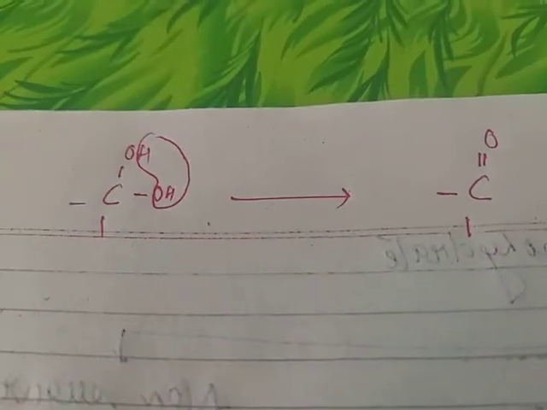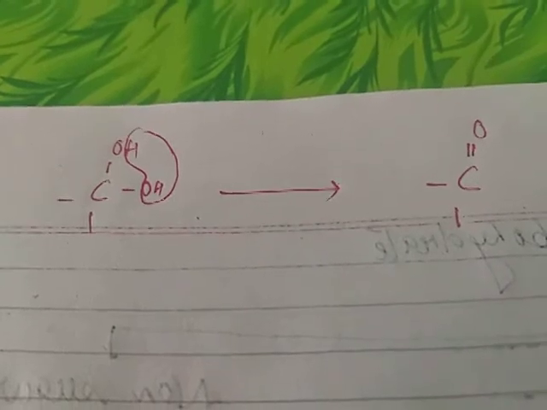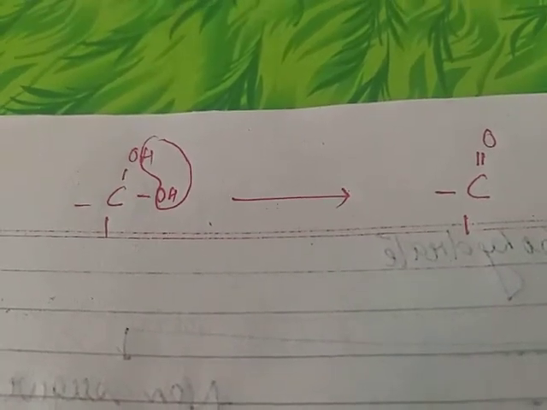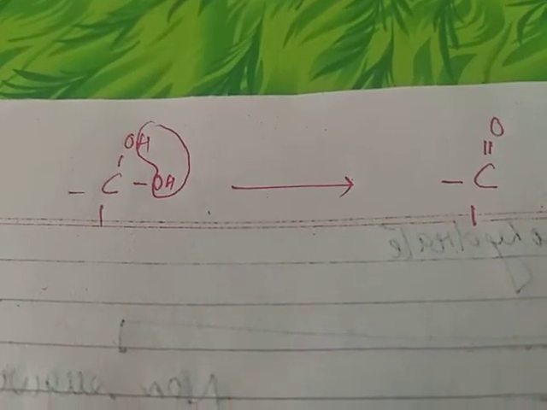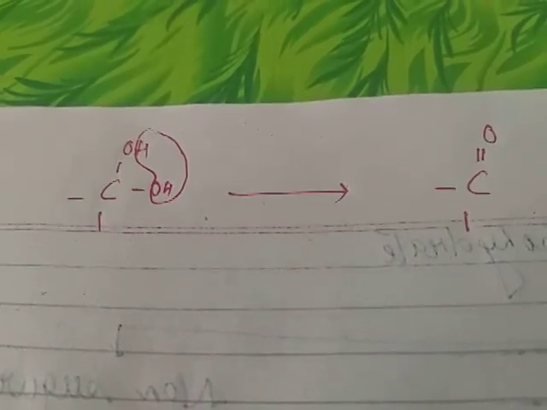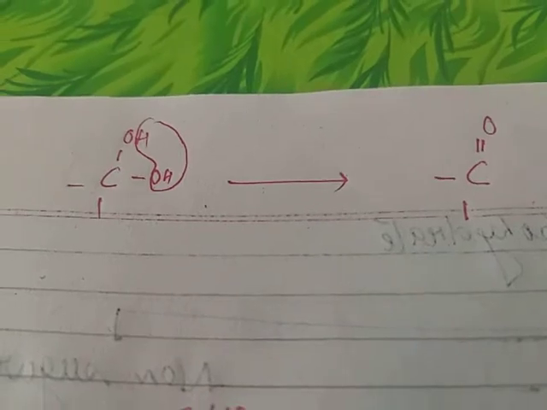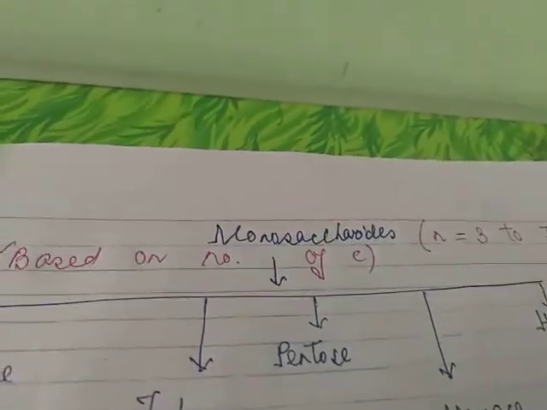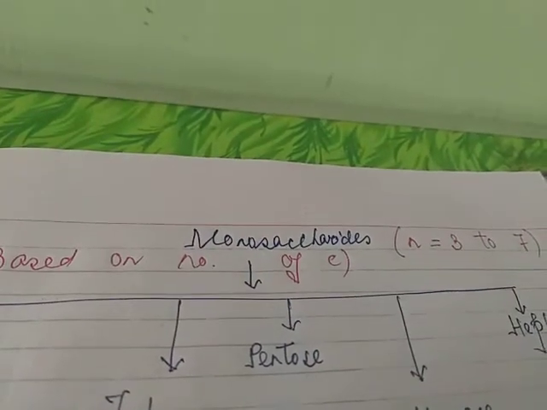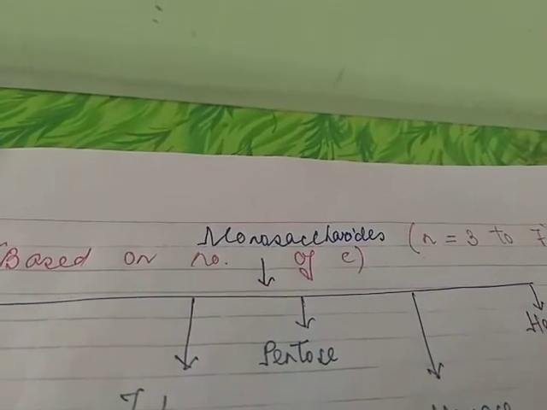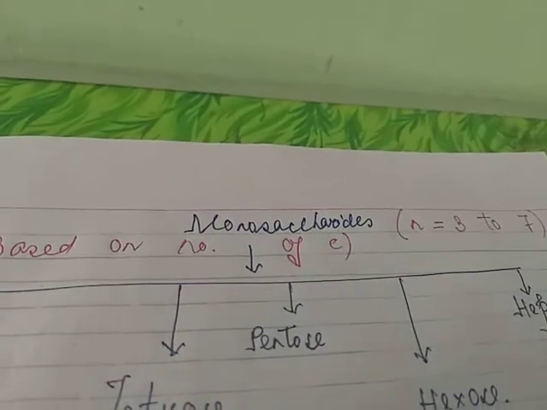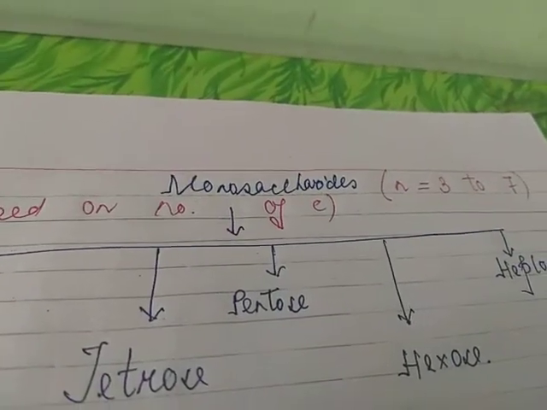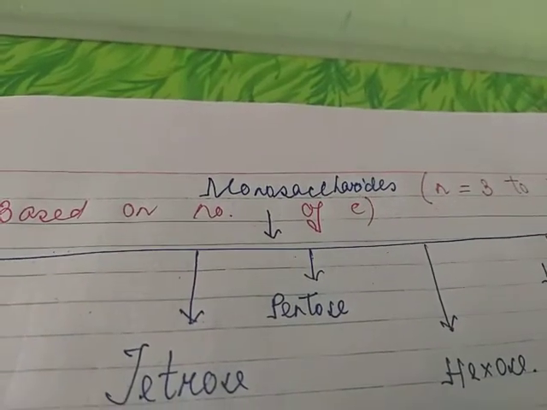In case one carbon has more than one OH group, it readily undergoes dehydration, removal of water, and changes to a carbonyl group. So, at least 2 OH groups would be on 2 different carbons, and 1 carbon is for the aldehyde or ketone group. So a minimum of 3 carbons would be needed.